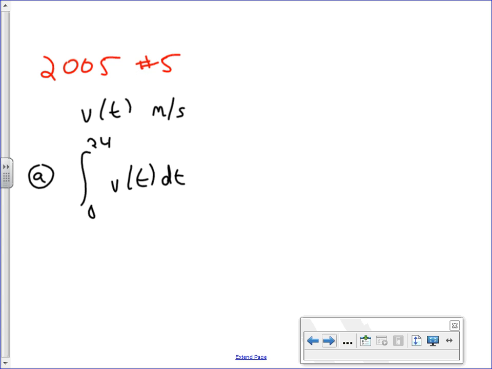So note to yourself, area, because I have a graph and I don't have anything written out. Okay, in fact, why don't you just find that value, interval from 0 to 24.